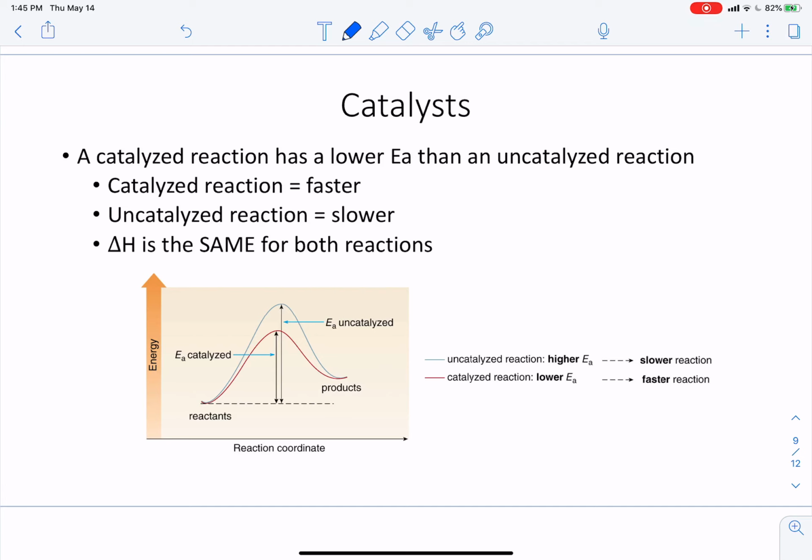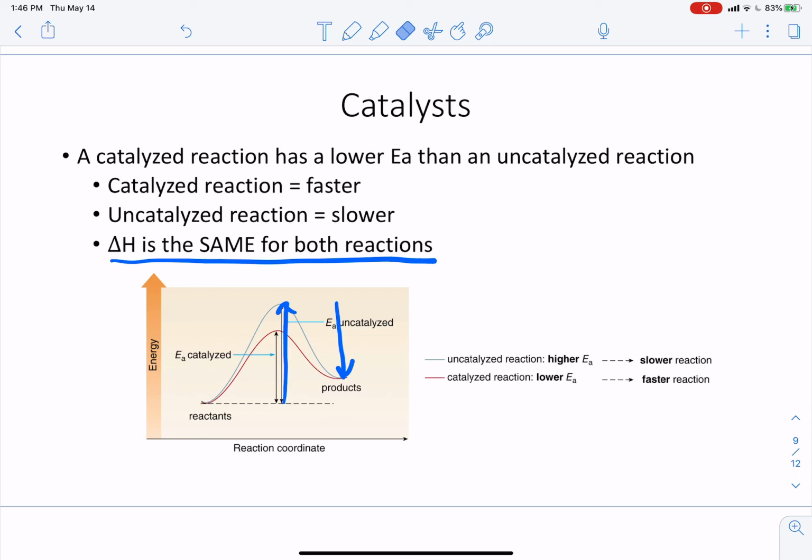Now the weird thing about this is this line right here. This is the delta H, and it is the same for both reactions. So if you look at the uncatalyzed reaction, you have a large input of energy, and then you release energy once you make the bonds.